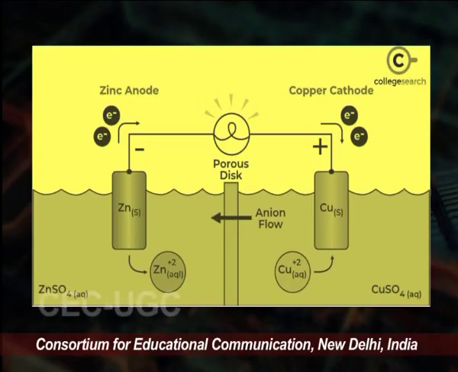You can see here there are two terminals, separated in different solutions. There is a porous disc and there is zinc sulphate, and from the negative terminal to the positive terminal, there is a flow of electrons from the zinc anode to the copper cathode. In this manner the cell works.